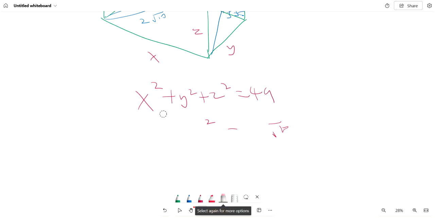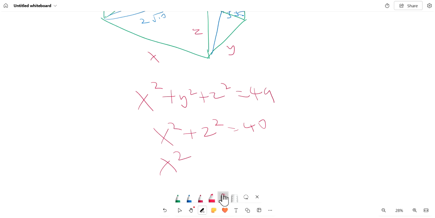And squaring both of these gives us x squared plus z squared equals 40, and y squared plus z squared equals 45.